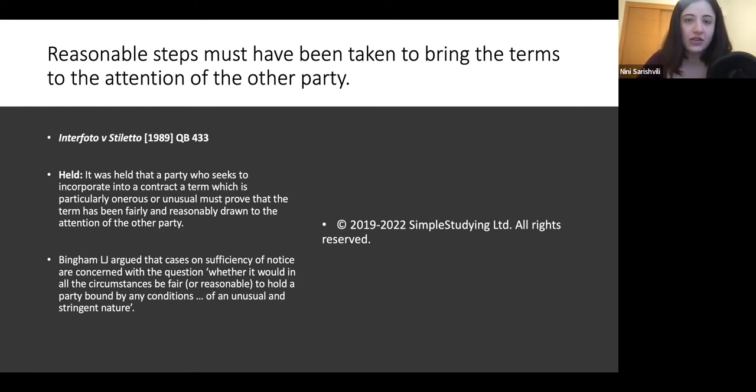Therefore, it is the responsibility of the other party to make sure that they take reasonable steps to draw this exclusion clause to the attention of the party who is signing the contract. Bingham J. argued that cases of insufficiency of notice are concerned with the question whether it would, in all the circumstances, be fair to hold a party bound by any conditions of an unusual or stringent nature.